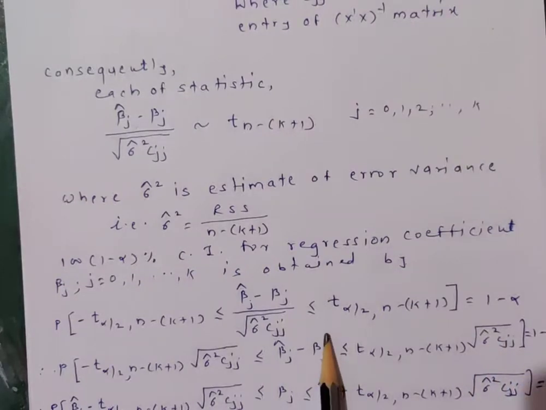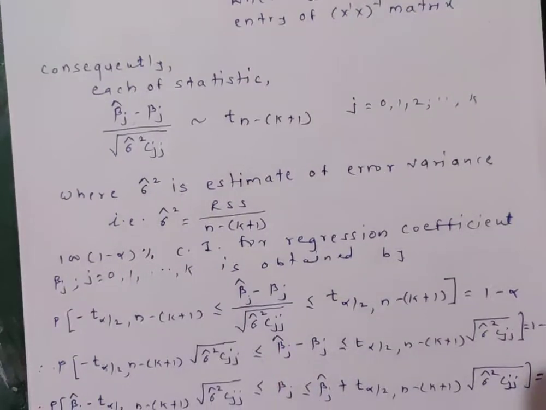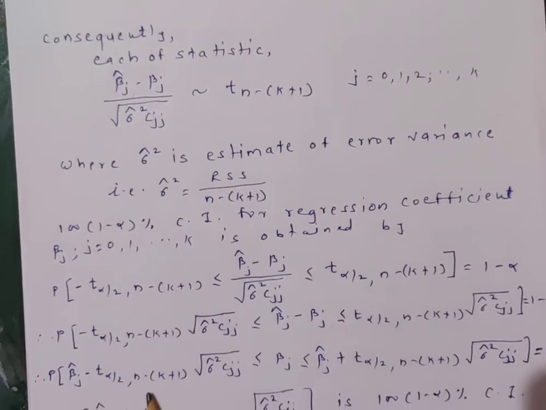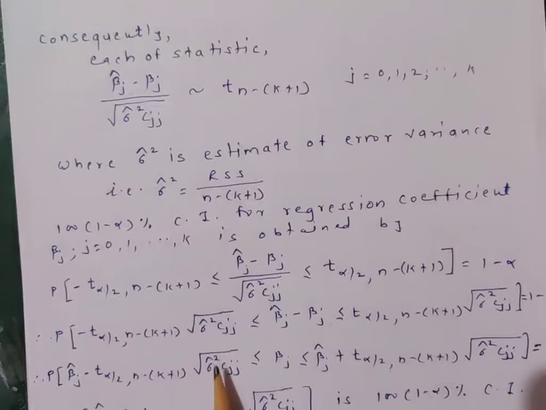Since we need the confidence interval for beta j, we need to transfer beta j hat also. So we have the probability of beta j hat minus t alpha by 2, n minus k plus 1 times square root of sigma hat square Cjj is less than or equal to beta j, less than or equal to beta j hat plus the same term, equal to 1 minus alpha.